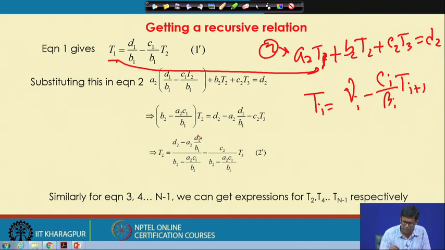Similarly, we can get similar expressions for equations 3, 4, up to n minus 1. For equation 3 we can get an expression for T3 involving T4, for equation 4 we will get an expression for T4 involving T5, and up to equation n minus 1 where we will get an expression for Tn minus 1 involving Tn.